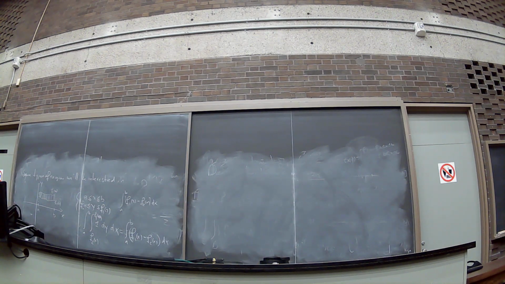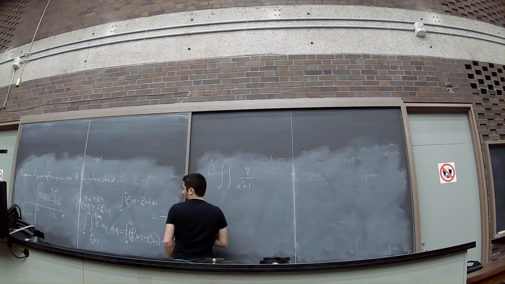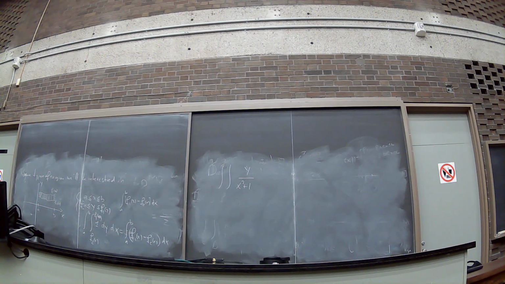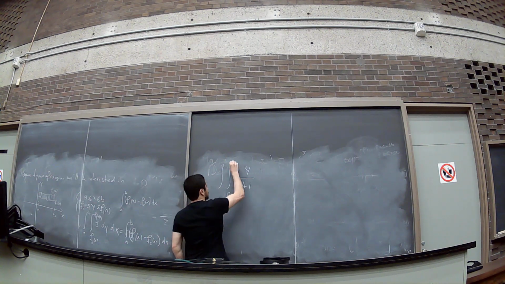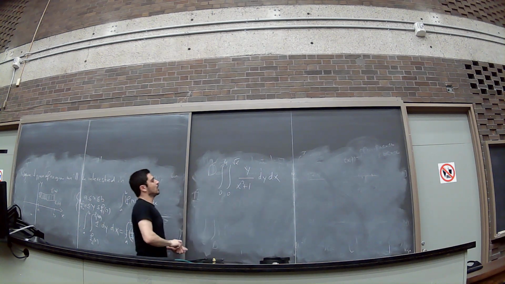So let's do some examples from the book to integrate over this region. Should we do some examples? Let's do some examples. Integrate y for x from 0 to 4. How do I integrate this?